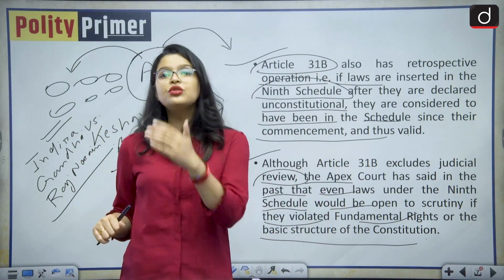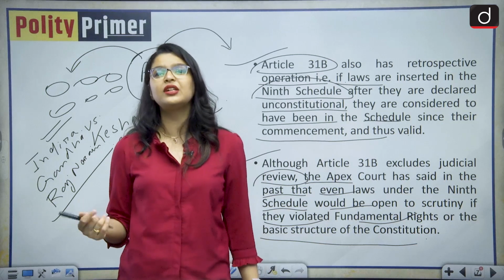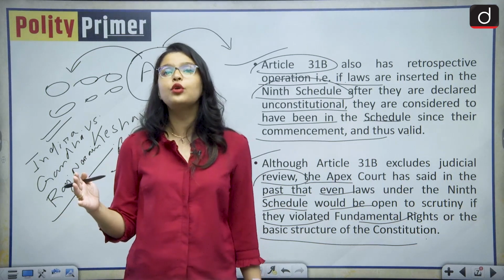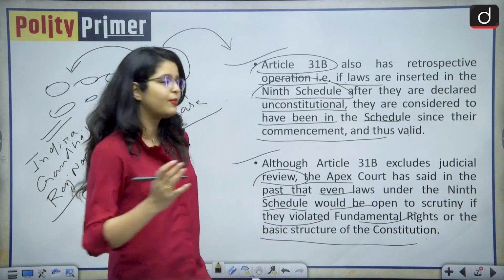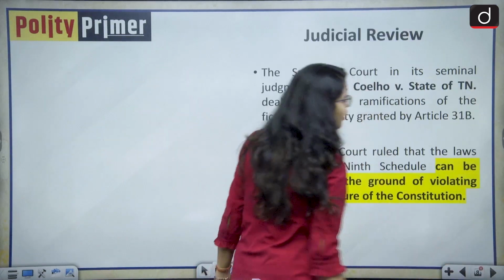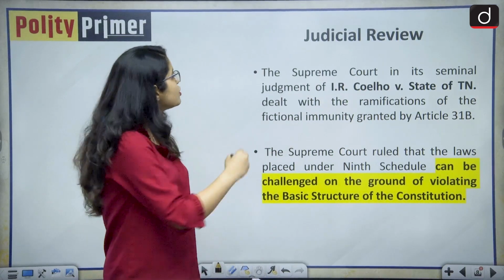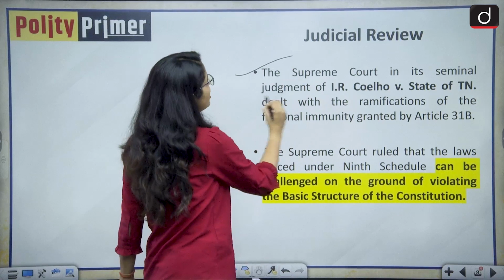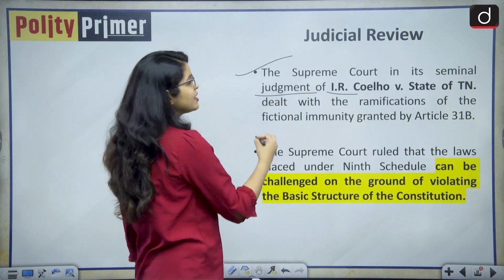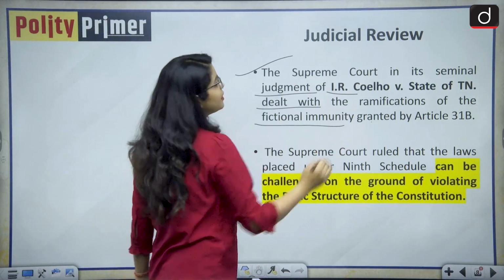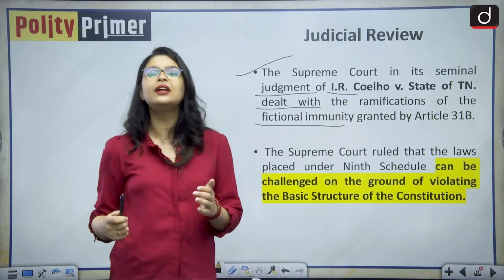So this brings us to another question of our today's discussion, whether laws in the 9th schedule are judicially reviewable or not. Let us examine. The story moves forward from the Keshwanand Bharti case, and the Supreme Court in the seminal judgment of I.R. Coelho versus State of Tamil Nadu dealt with the ramifications of the fictional immunity granted by Article 31B.